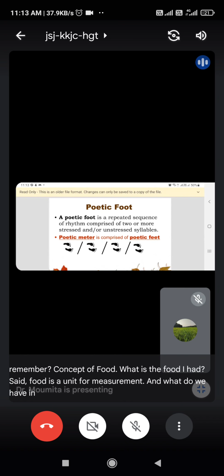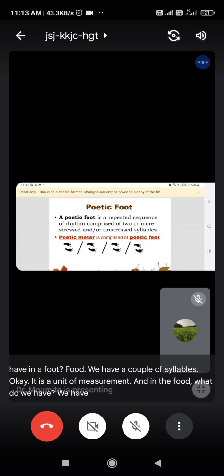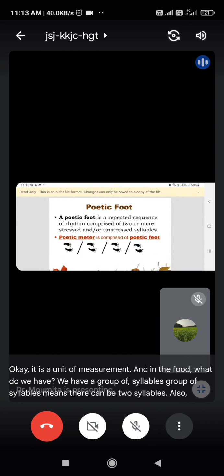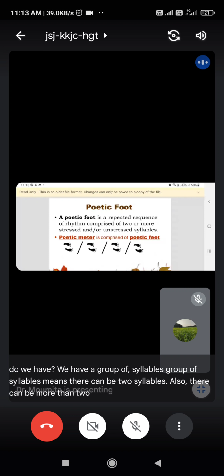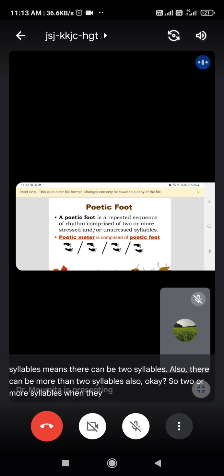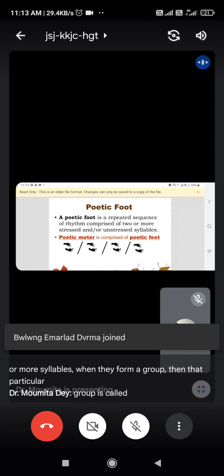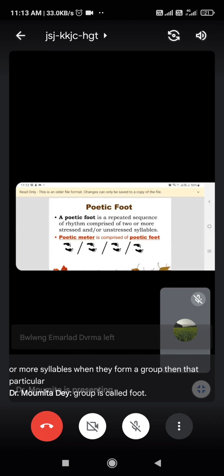We have a group of syllables. Group of syllables means there can be two syllables also, there can be more than two syllables also. Okay, so two or more syllables, when they form a group, then that particular group is called foot, right?